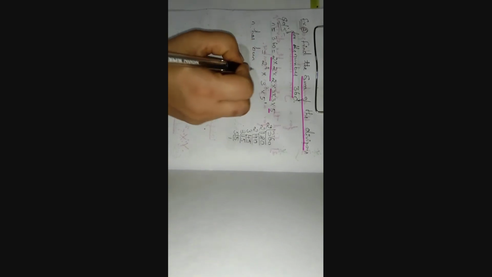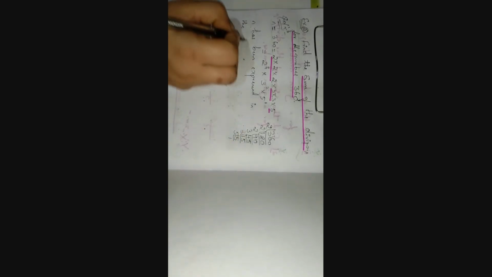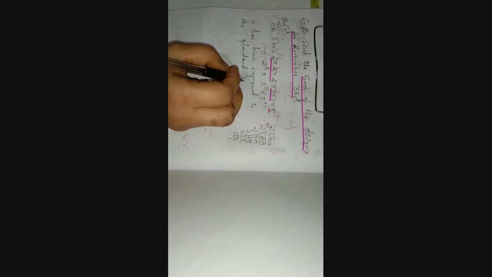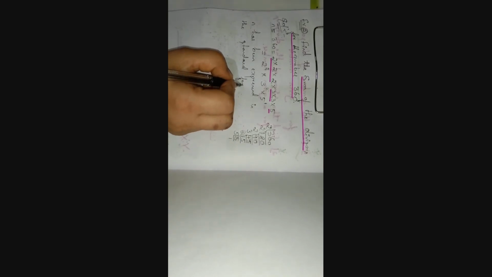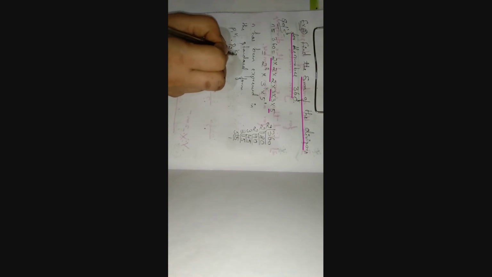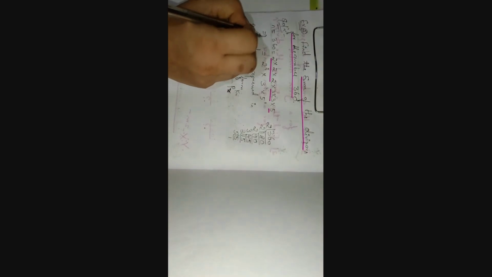N has been expressed in the standard form, that is p1 power k1 into p2 power k2 up to pr to the power kr.